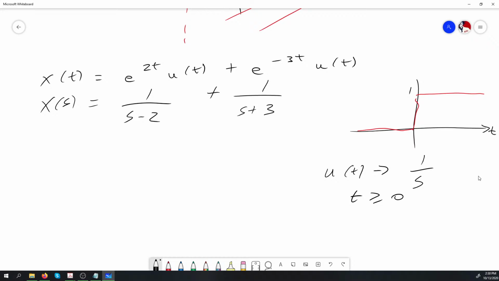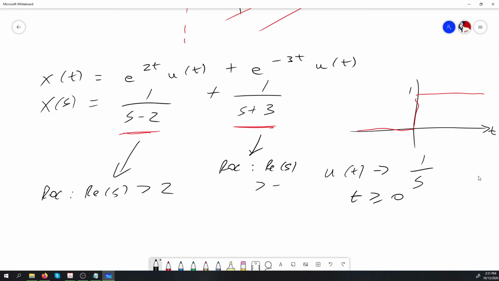And then at this point, we watch our denominators to determine our region of convergence, similar to what we did in our previous question. The region of convergence here is going to be the real part of s being more than 2. And our region of convergence here is going to be the real part of s being more than minus 3.